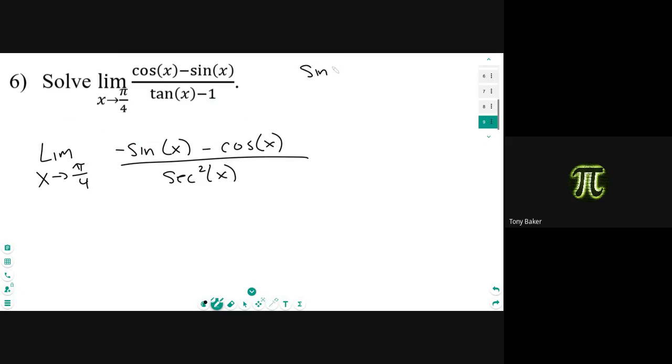Sine of pi over 4 is square root of 2 over 2. Cosine of pi over 4 is square root of 2 over 2. And secant of pi over 4 is square root of 2.